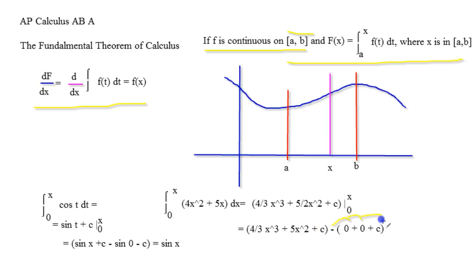Boom, boom, boom. Now it becomes the negative c, so I'm just left with the actual antiderivative from the integral. So it's 4/3 x cubed plus 5x squared, and there you go. It just works out that way.